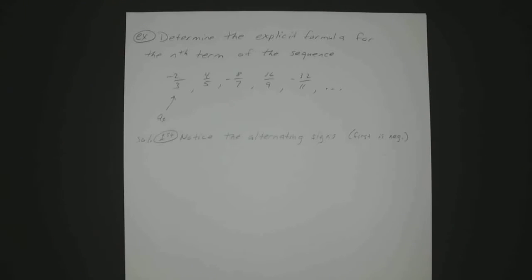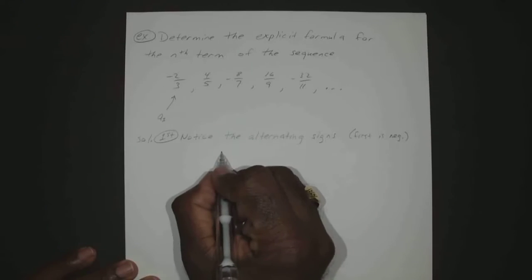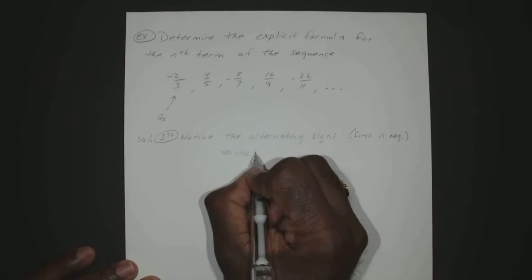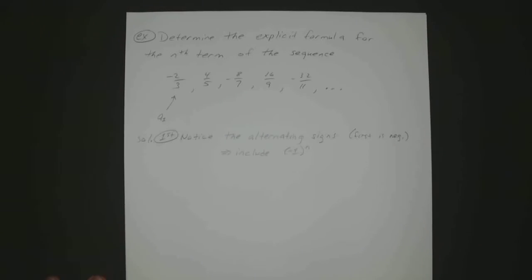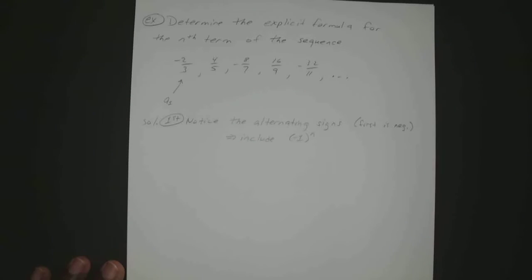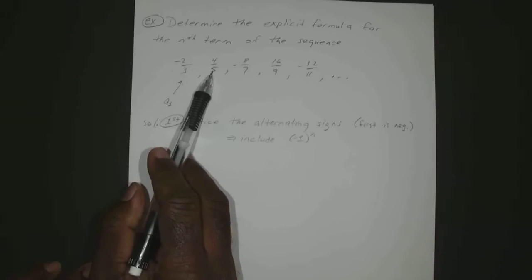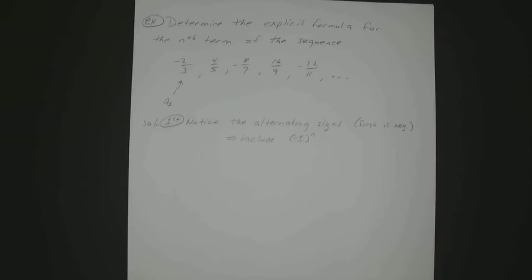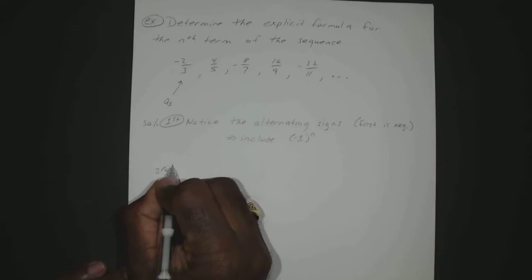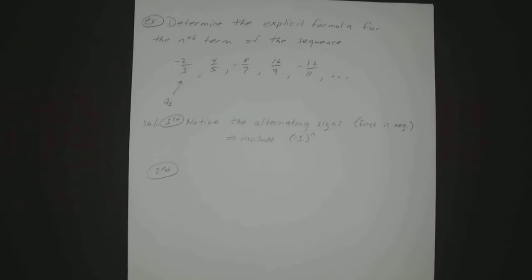Whenever you have alternating signs and the first one is negative, you want to include negative 1 to the power of n. Because when n is equal to 1, it's negative 1. When n is equal to 2, it's positive. When n is equal to 3, it's negative, and it just bounces back and forth. So whenever that first term is negative and it just goes back and forth, you want to include that one. The second thing you want to do is look at the numerator's pattern.